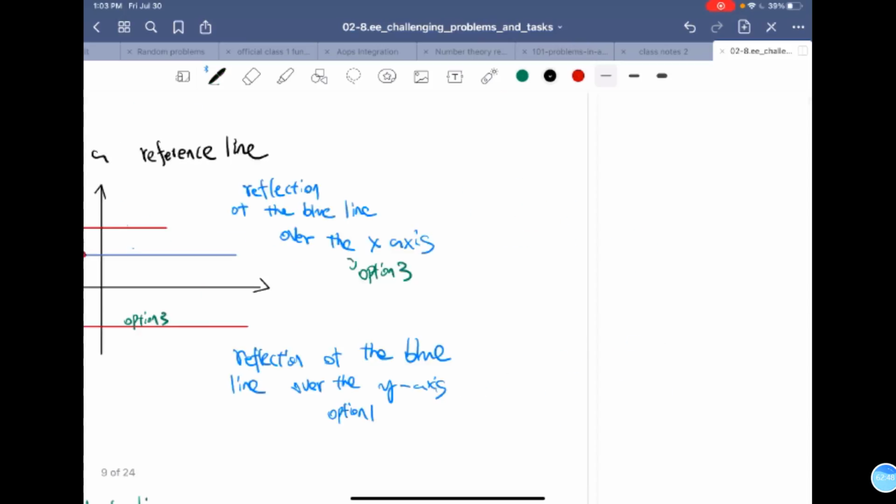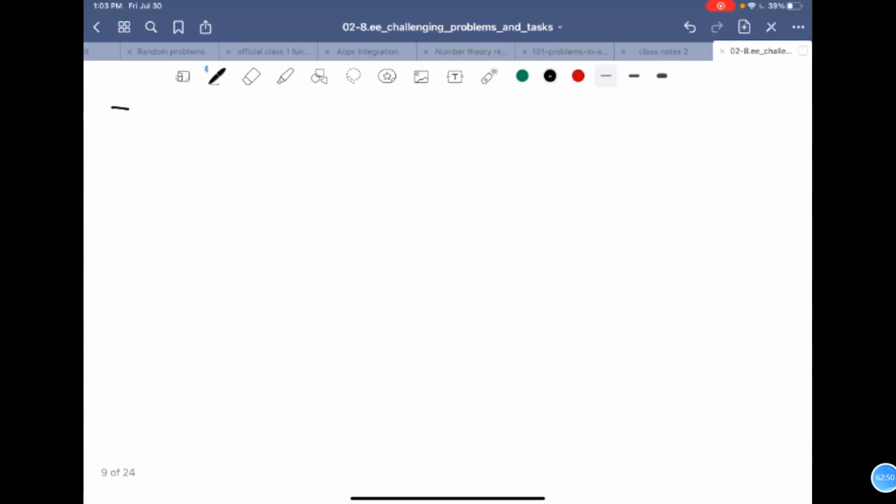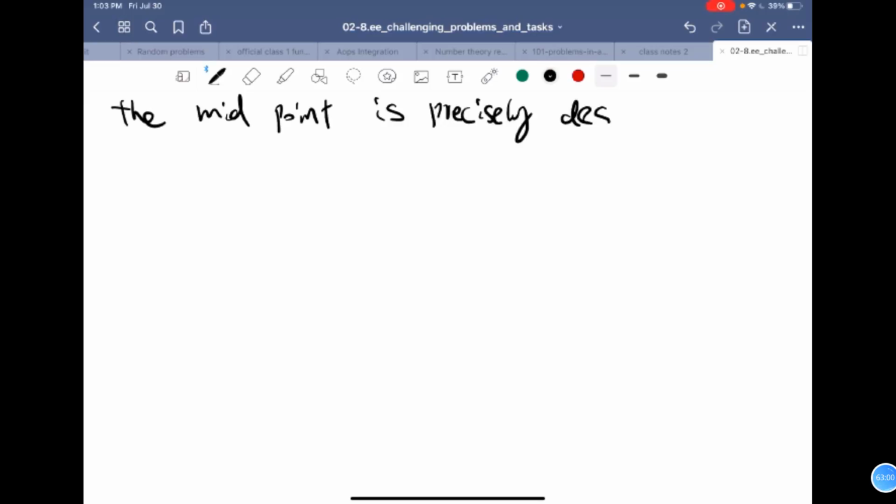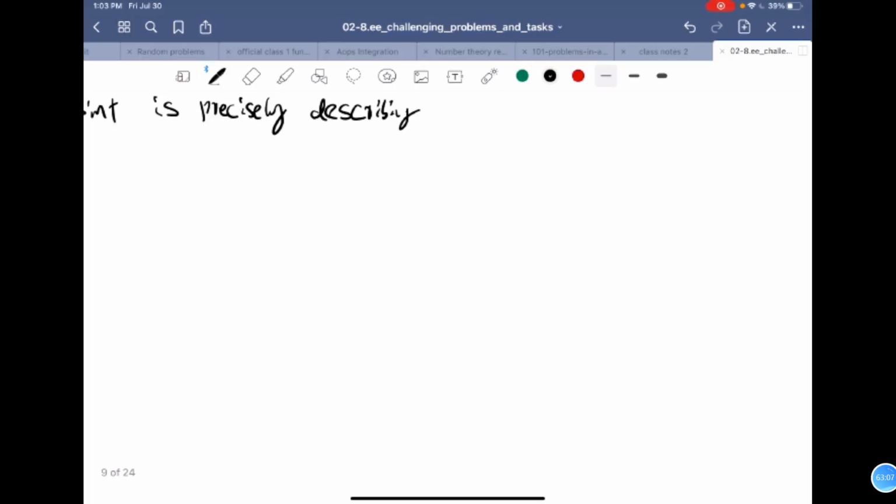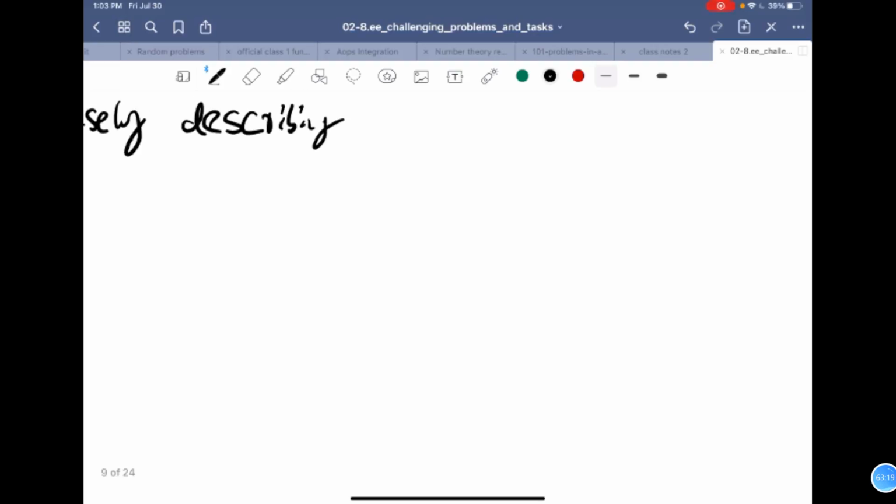Why I talk about absolute value is the midpoint is precisely describing the distance. How to word this, how to phrase this. Point.